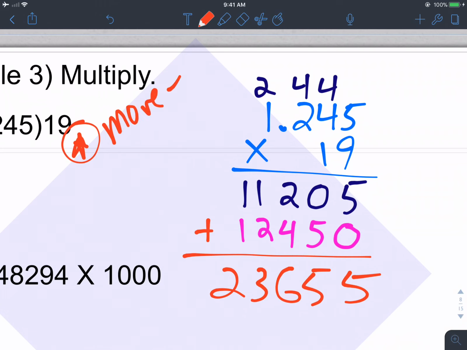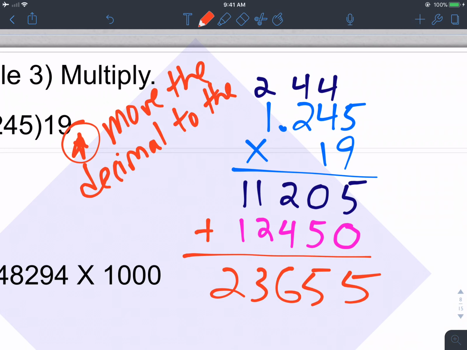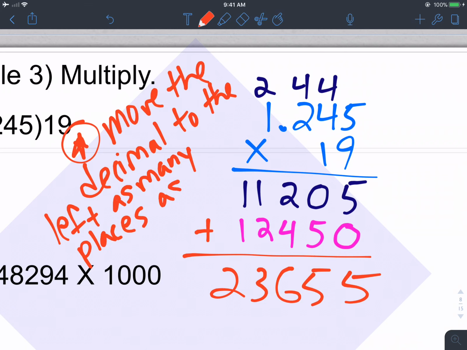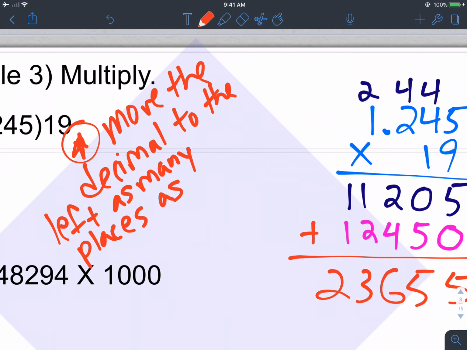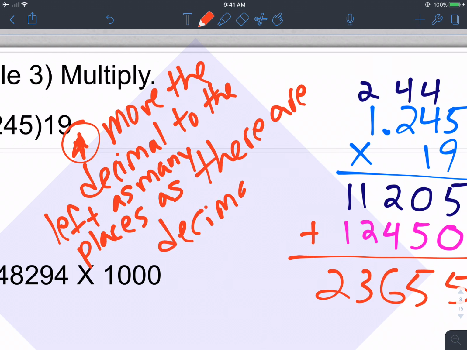Move the decimal to the left as many places as there are decimals.